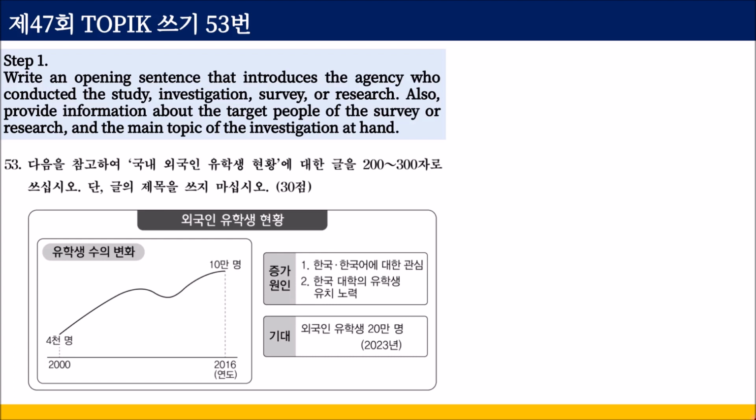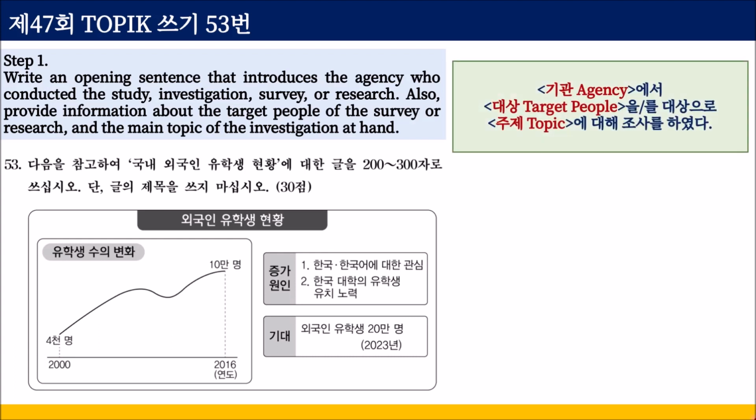The opening sentence looks like this. Agency, 기관에서. Target people, 대상, 을 or 를 대상으로. Topic, 주제에 대해 조사를 하였다.